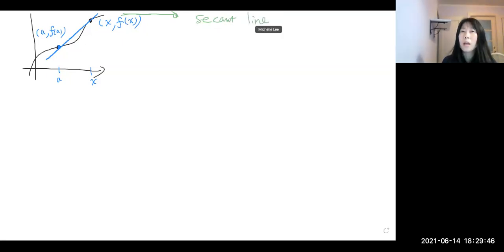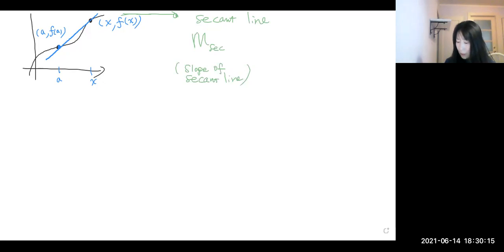Okay. Then from previous, like pre-calculus, we do this notation. Remember? And then they said a secant, right? So this means slope of secant line. Okay. Then from algebra, what do you have?